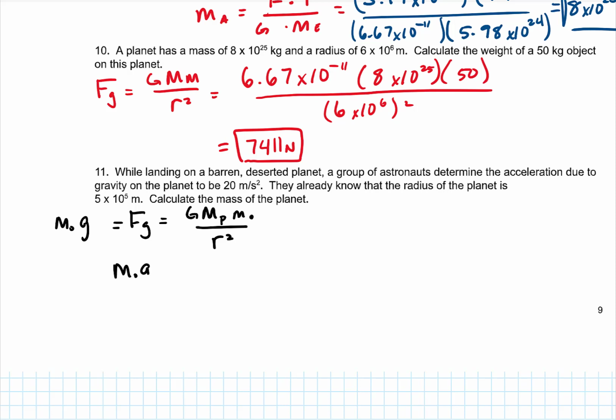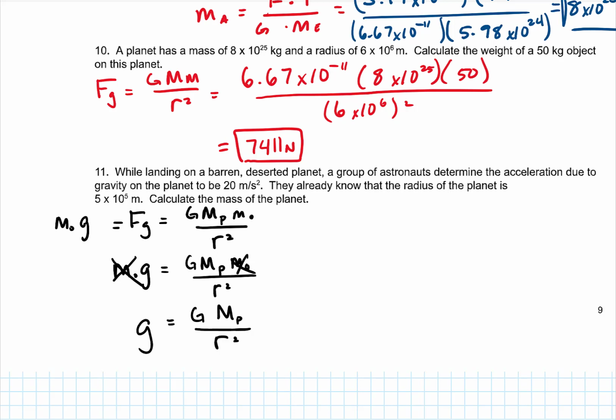Mass of the object times the acceleration due to gravity is equal to G times the mass of the planet times the mass of the object divided by the radius squared. The mass of the object goes away, and I'm left with g, the acceleration due to gravity, is equal to G, the universal gravitation constant, times the mass of the planet divided by the radius of the planet squared.